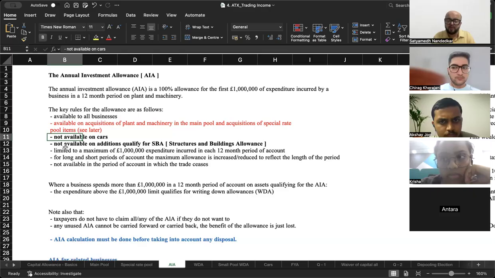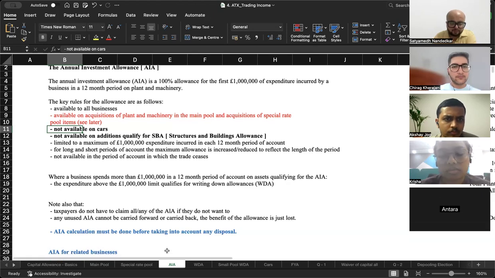For long and short periods of account, the maximum allowance is increased or reduced to reflect the length of the period. If it is a short period of account, which means if my assessment is for a short period of account, then 10 lakh will have to be reduced proportionately or increased proportionately.